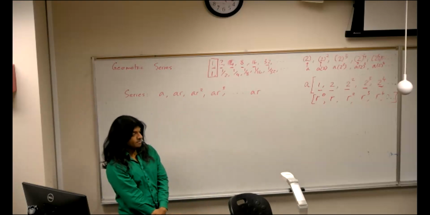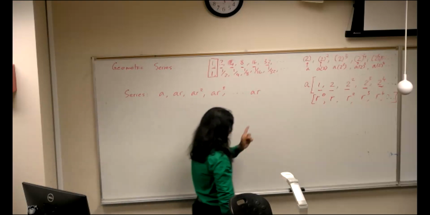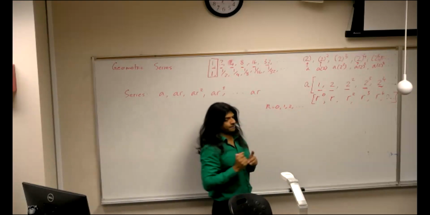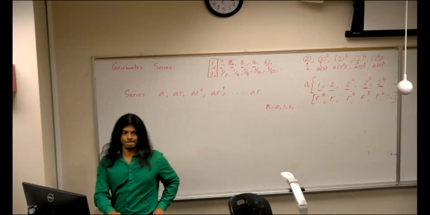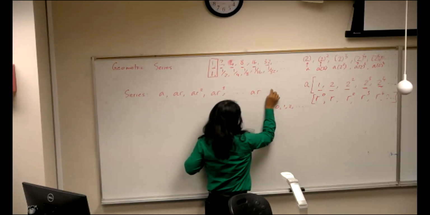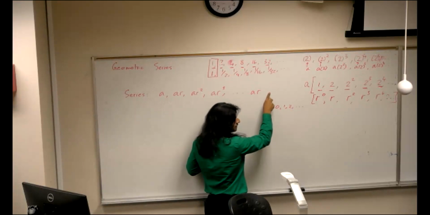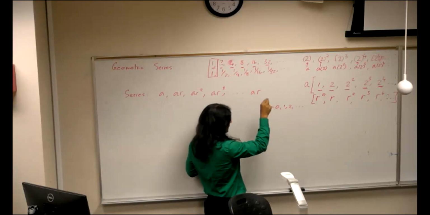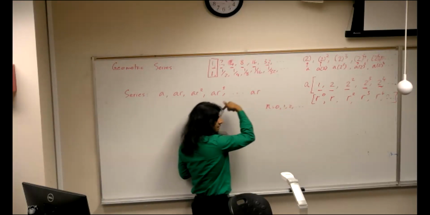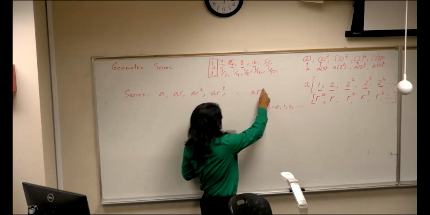The general term must generate the sequence. And we've already established n is going from 0, 1, 2, ... What should go right over there? Is it n? Is it n minus 1? That is important because that will define our sequence. That is what's going to go in our series. So we've got to know what that number right there is.